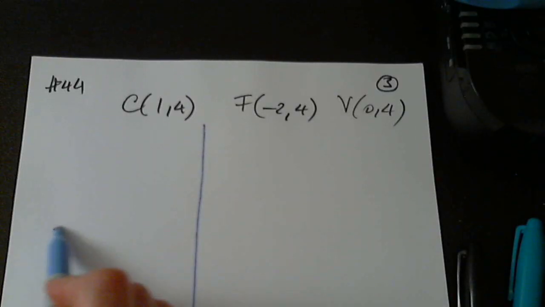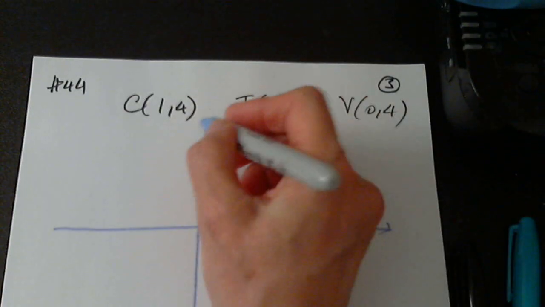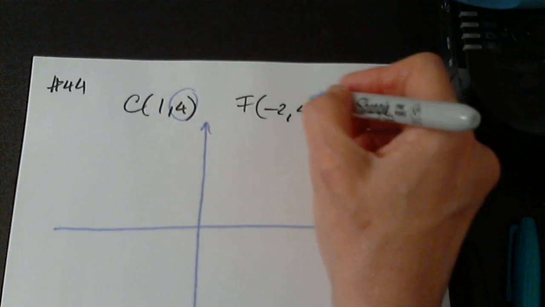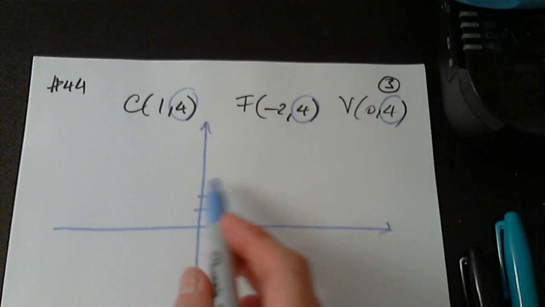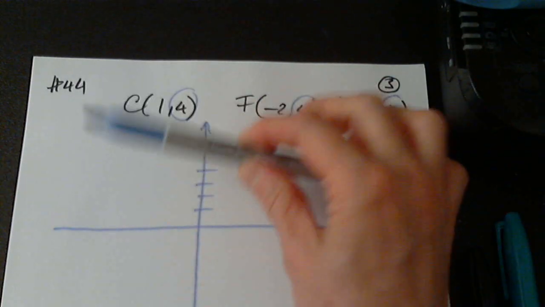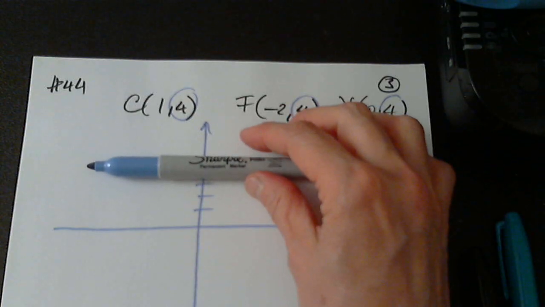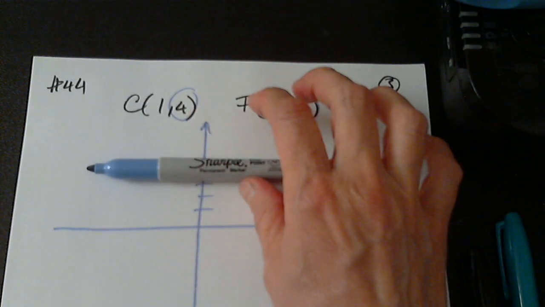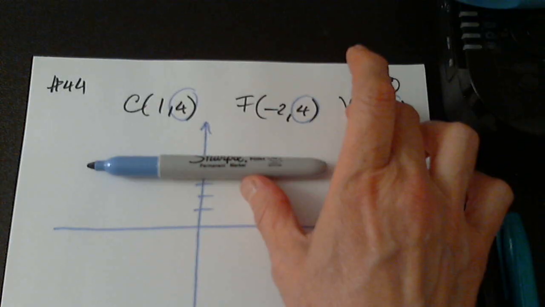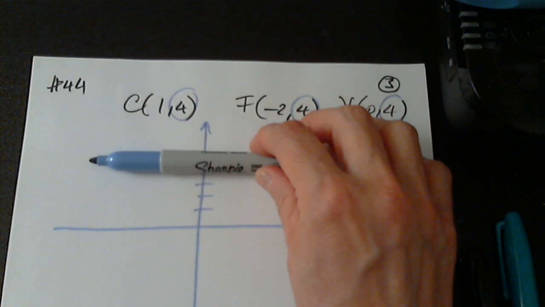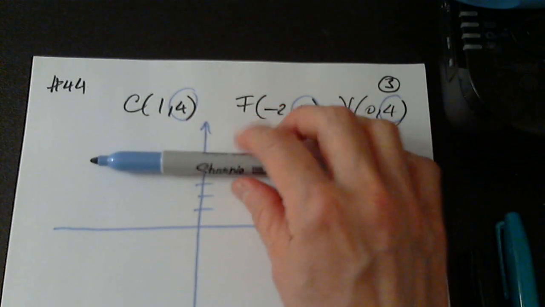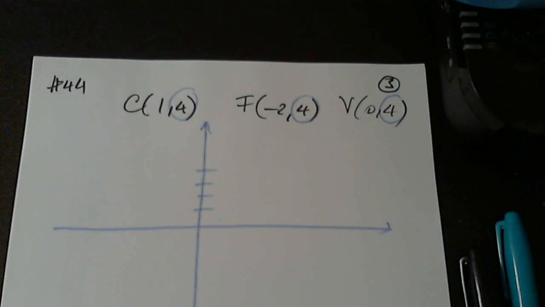Horizontal. So this is y equals 4. The center, the focus, and the vertex have to be on the same axis. Y equals 4 is a horizontal line.